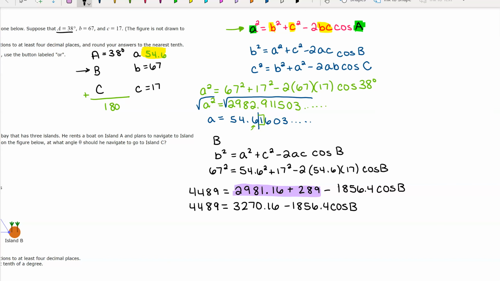Now, we've got to get the cosine of B alone. So first we should subtract 3270.16 on both sides.